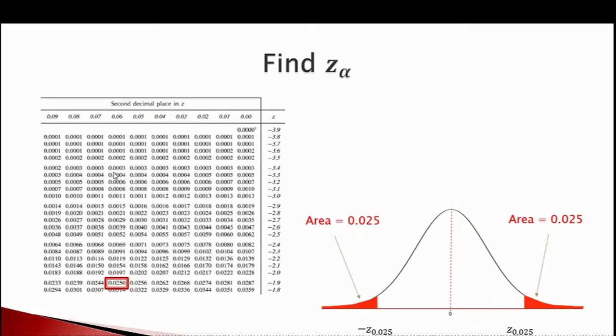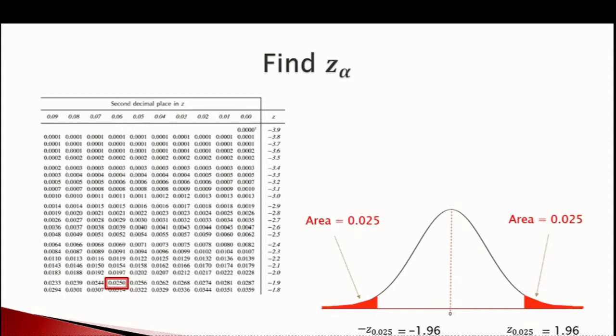You match it up, you see 0.06. You add these two values, what do you get? Negative 1.96. So yes, negative z sub 0.025 is the same as negative 1.96. Since these two values are symmetric, positive z sub 0.025 is positive 1.96.